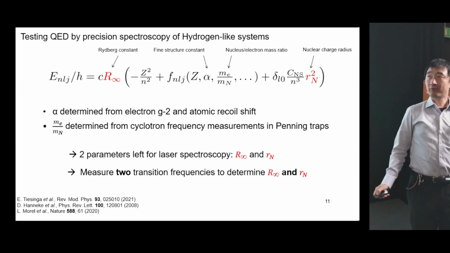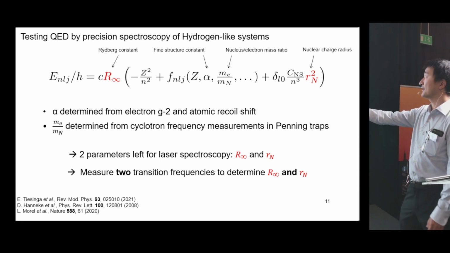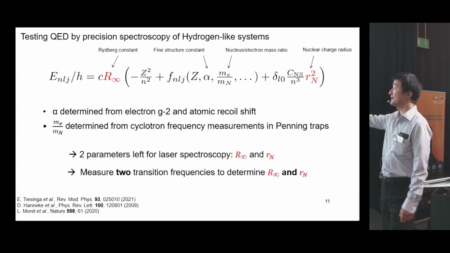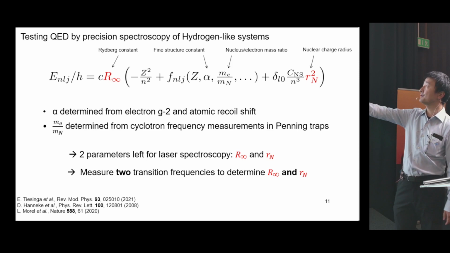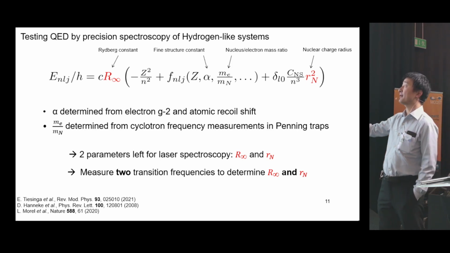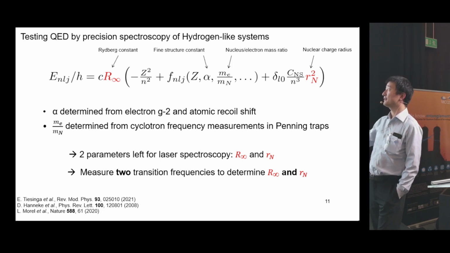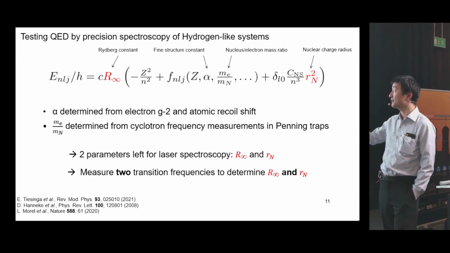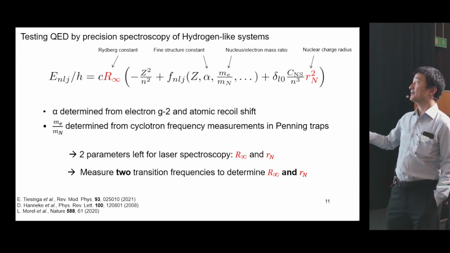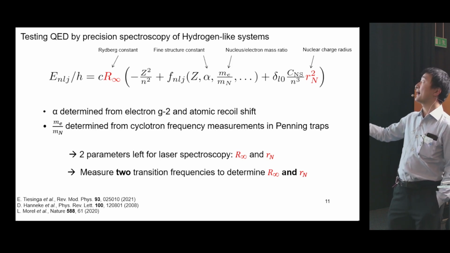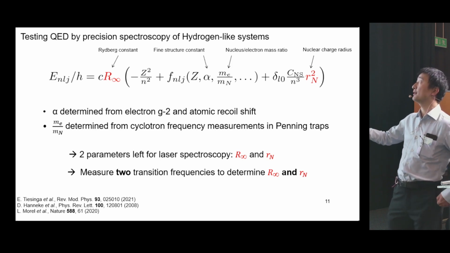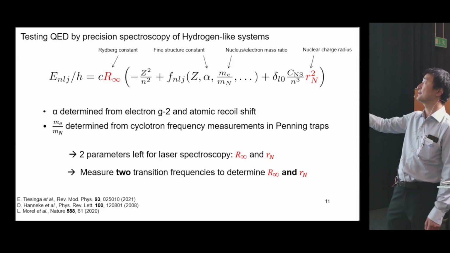Among these four parameters, the Rydberg constant, fine structure constant, mass ratio, and the charge radius, two parameters, the fine structure constant and the mass ratio, have been measured very precisely with other measurements, like the g-2 measurement and the recoil shift measurement and so on. In the context of this precision spectroscopy of hydrogen-like systems, we don't have to consider the uncertainty due to these two parameters.